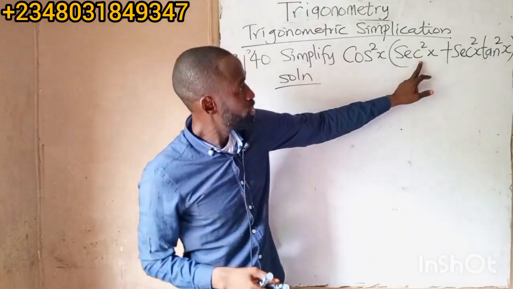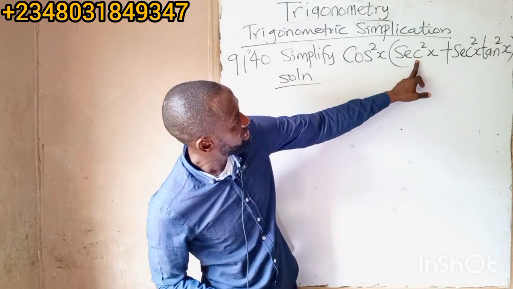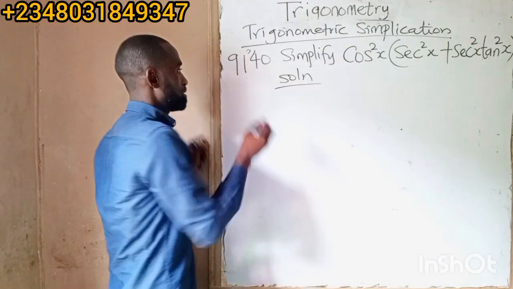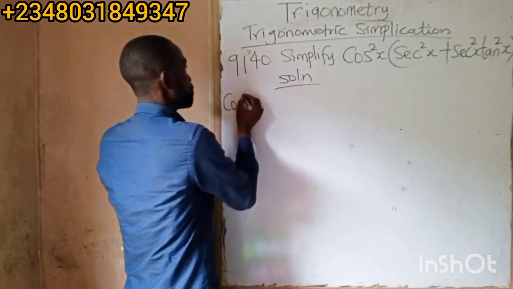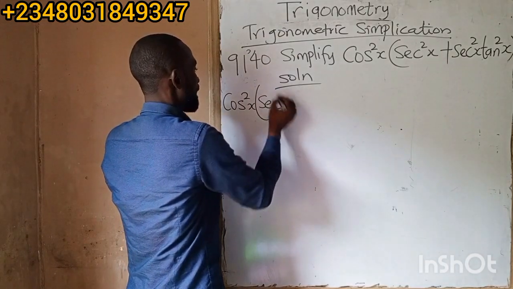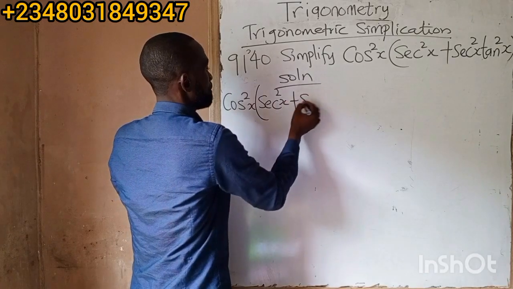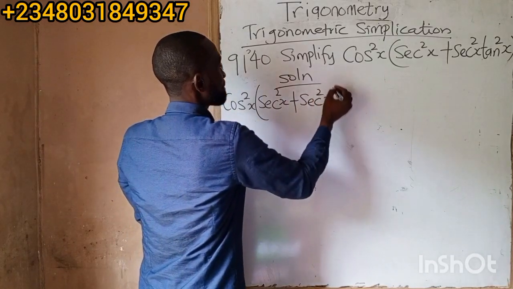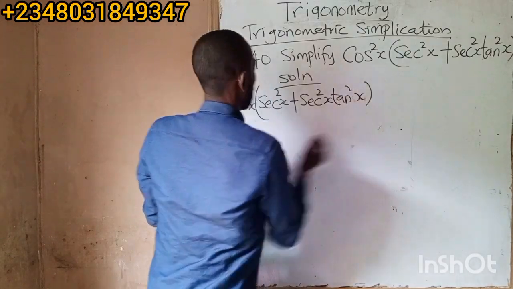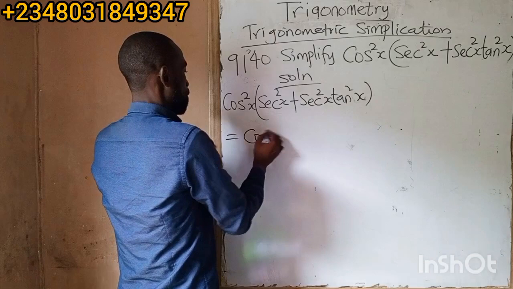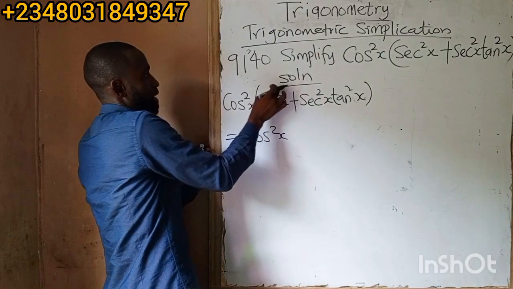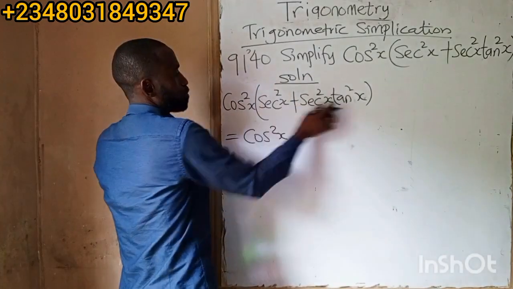If I look at this very well, you see that sec square theta is here. Sec square theta is here. I can factor sec square theta out. So cos square theta, open bracket, sec square theta plus sec square x tan square x is the same as cos square x, bring sec square x out, since it is common to both terms.